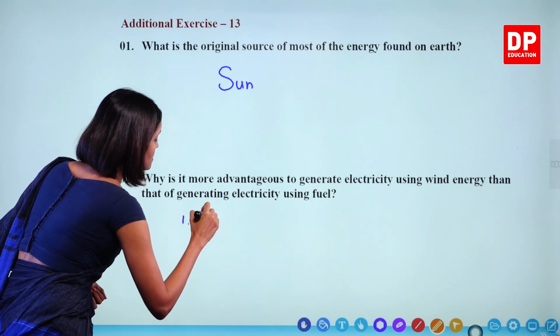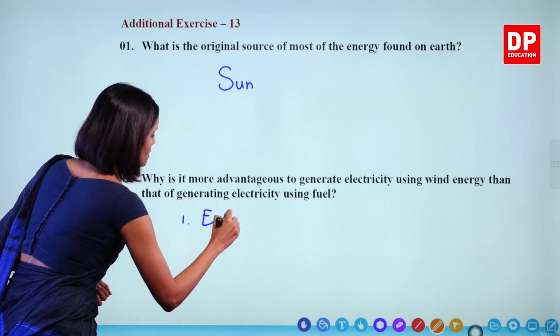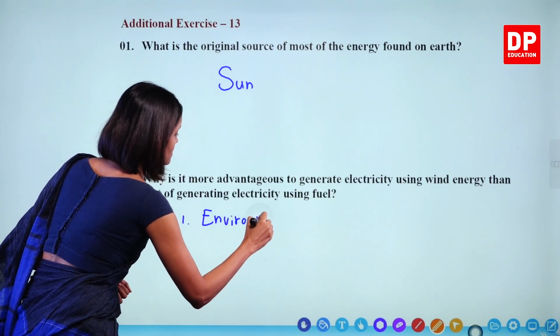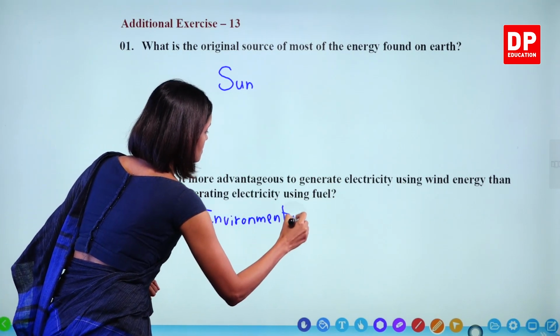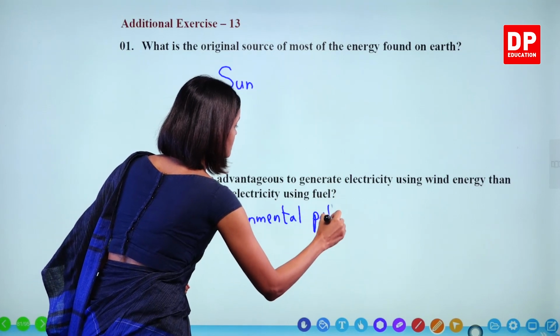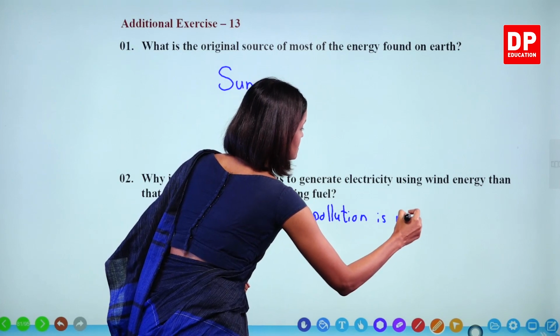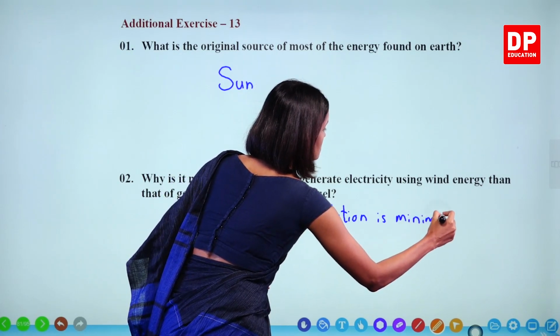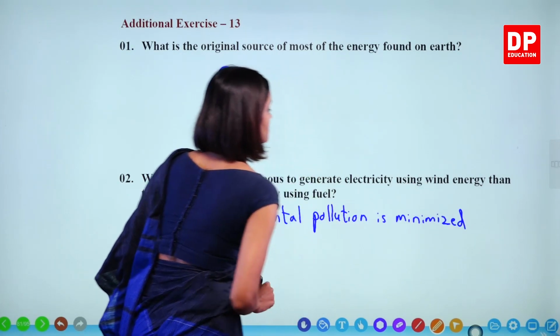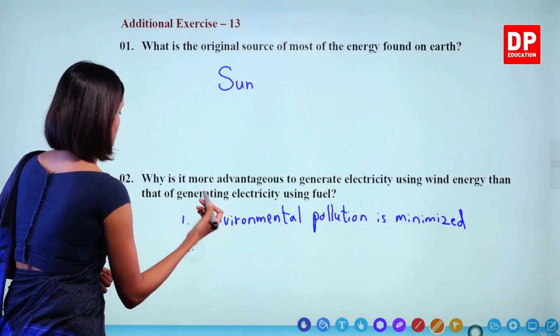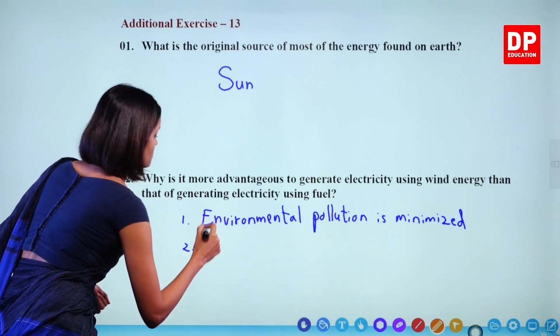We'll write the first one. Environmental pollution is minimized. Right. Number 2.